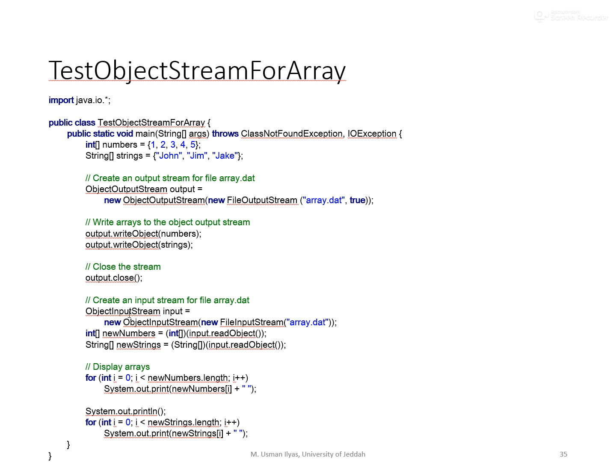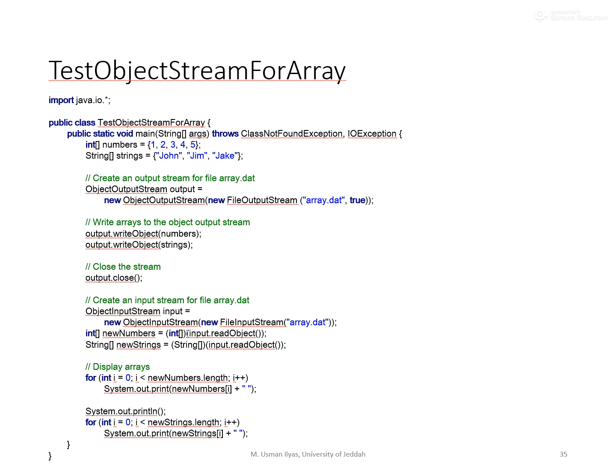We open the file as an ObjectInputStream and call the object input with a small i. I create over here an integer array called new numbers, and we initialize it with whatever read object is returning. So read object is the corresponding function to write object.